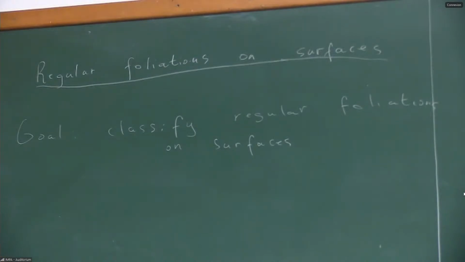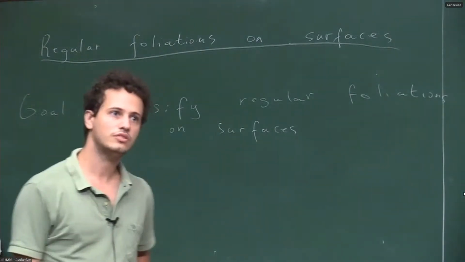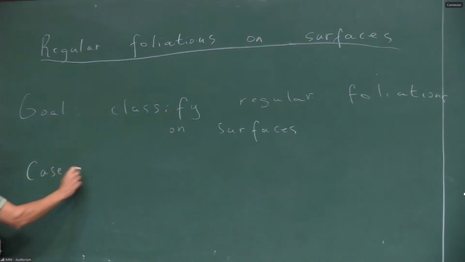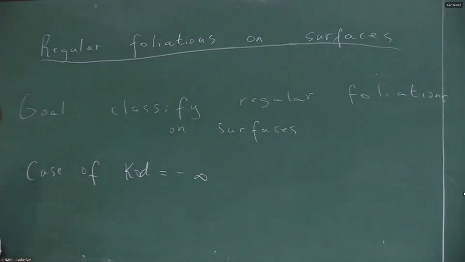As you saw in the last classes, we do this by considering the Enriques classification of surfaces and considering each case in the list, which is given by the Kodaira dimension of the surface. In the last class, Carolina classified the case of Kodaira dimension minus infinity. And the remaining cases are Kodaira dimension 0, Kodaira dimension 1, and Kodaira dimension 2.